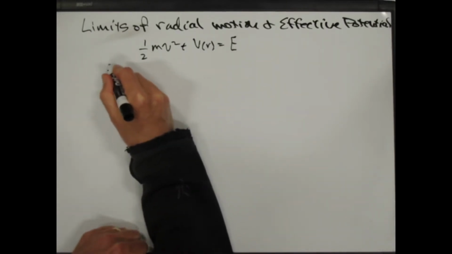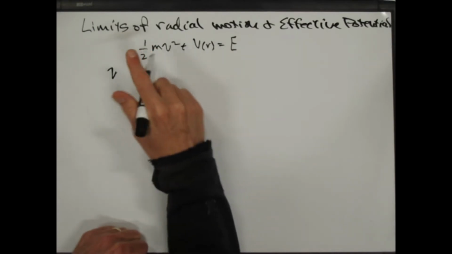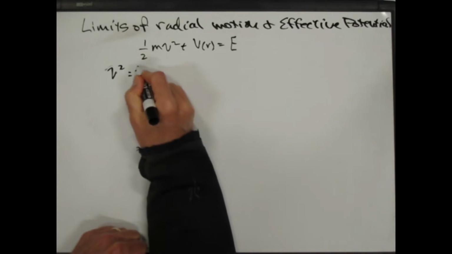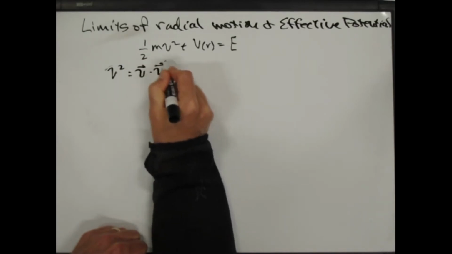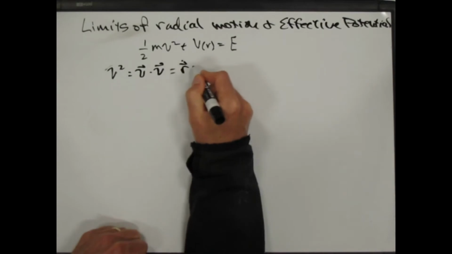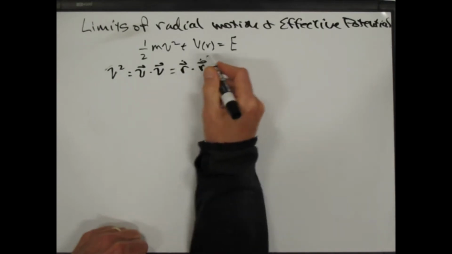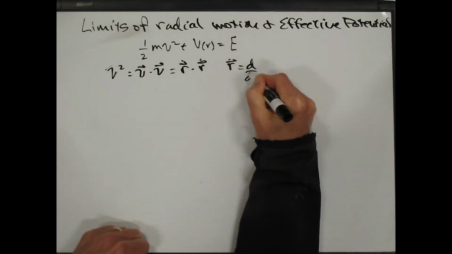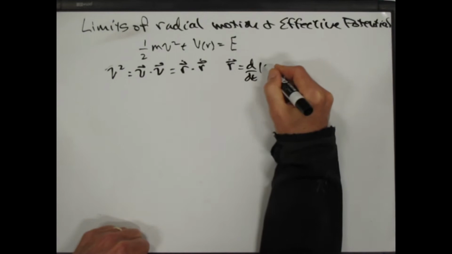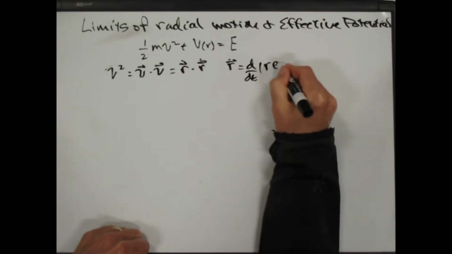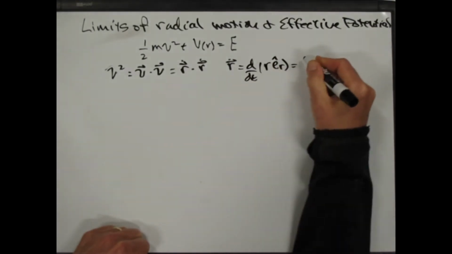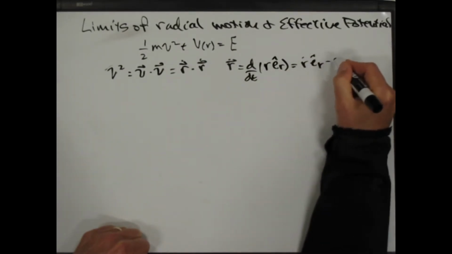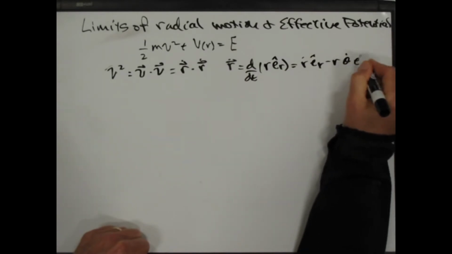If you remember, we turn this into a differential equation by first breaking down the velocities and saying v squared is equal to v dot v, and that was equal to r dot dotted into r dot, right, where r dot is d by dt on r e hat r, and that gave r dot e hat r plus r theta dot e hat theta.